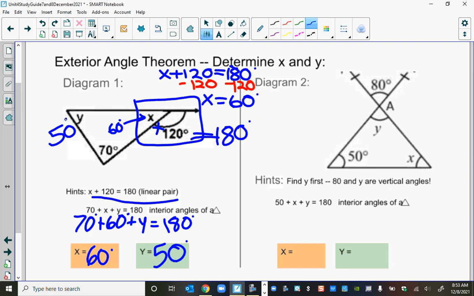Do we agree? We're not sure what x is, but we definitely know what y is. So what must the y value be?